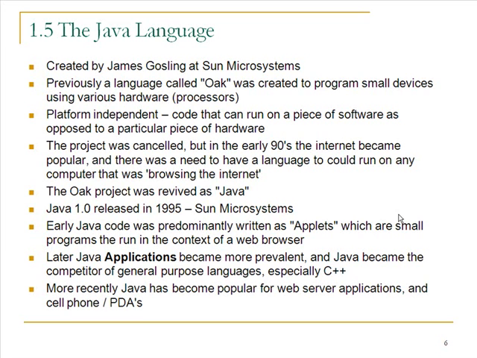And more recently, Java has also become popular for writing code that executes on web servers. So web server applications, or so-called web apps, and also for programs that run on cell phones and PDAs. So we've come back to the original purpose of what Gosling was trying to do.